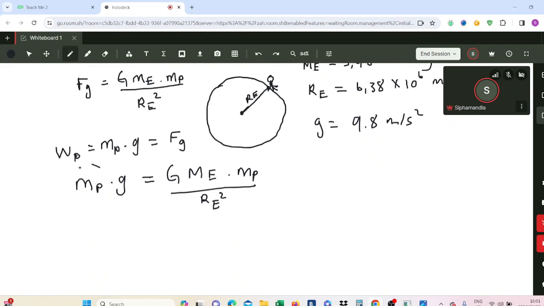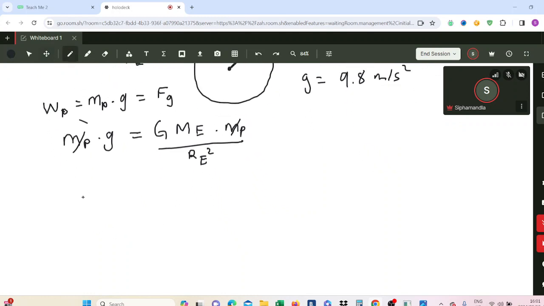Then if I divide, the mass of the person cancels, and I will have the gravitational acceleration g equal to G times the mass of the earth over the radius of the earth squared, right?